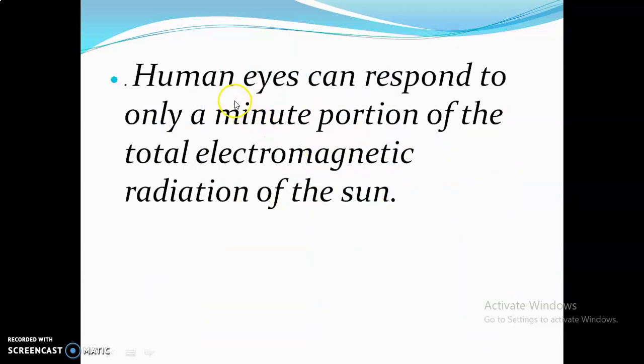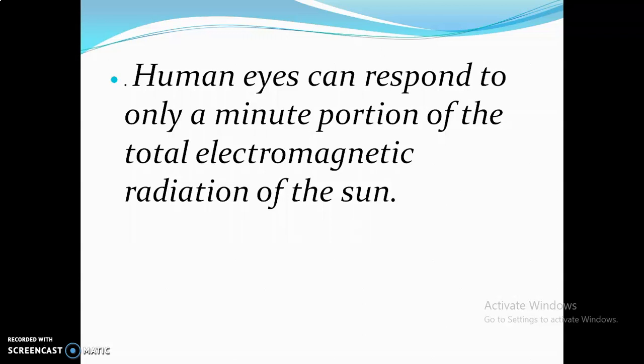Now you see, human eyes can respond to only a minute portion of the total electromagnetic radiation of the sun. Especially our eye is the main camera actually. We see everything because it is reflected into our eyes. Sunlight falls on our eyes and from that light we see.